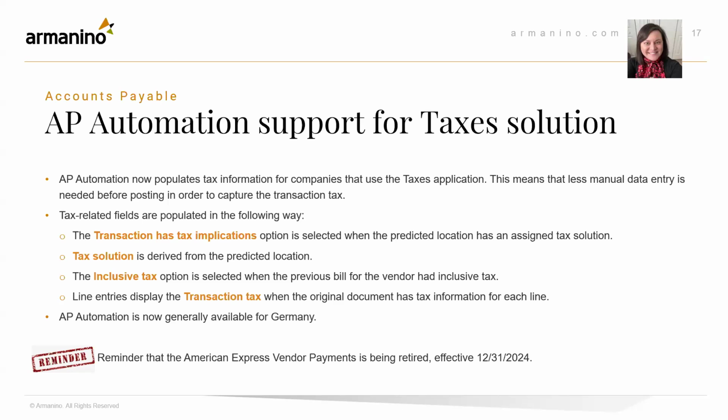So the transactions has tax implications option is selected when the predicted location has an assigned tax solution and is derived from that predicted location. And the inclusive tax option is selected when the previous bill for the vendor had inclusive tax. So as you continue to utilize the AP automation feature, the machine learning will help the predictions to be more accurate.